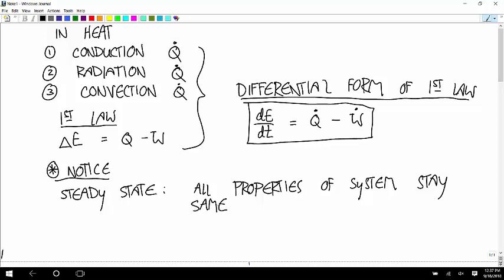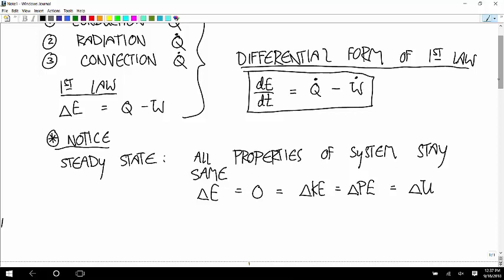So if you're using our starting form of the first law, delta E is equal to 0, and that's equal to the change in kinetic energy, plus the change in potential energy, plus the change in the internal energy.